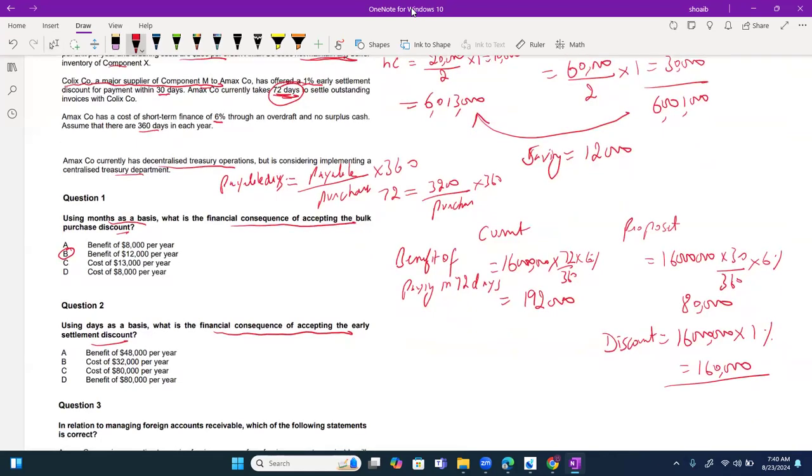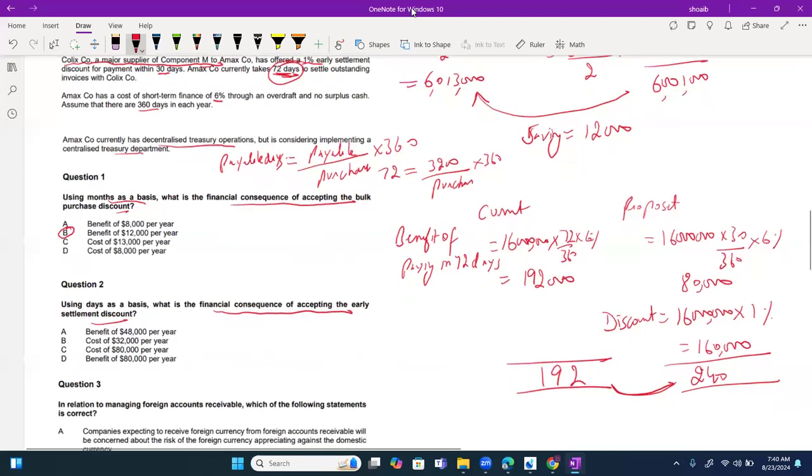So if we take the total benefit as 240 and the previous benefit was 192. So obviously we will go to discount because it's a benefit. We will go for discount, but how much is the benefit? 48,000 is the answer.